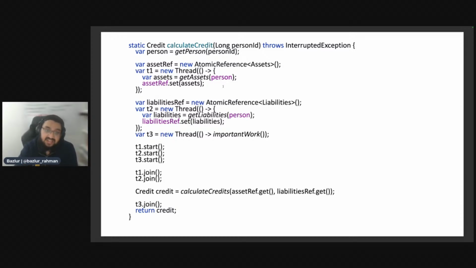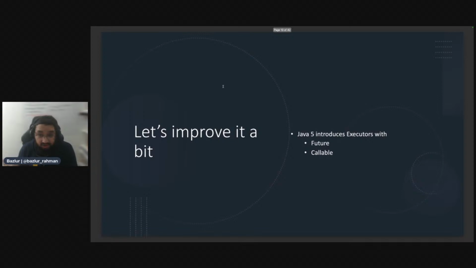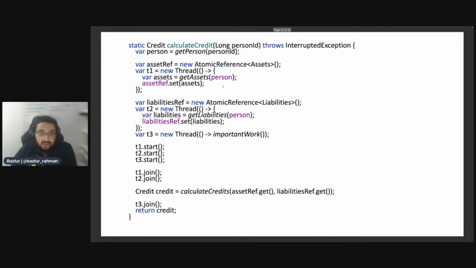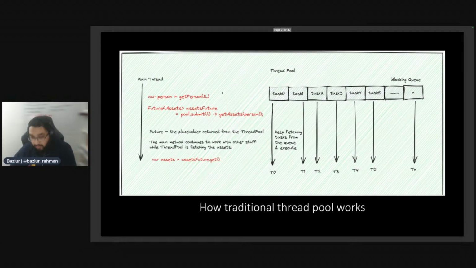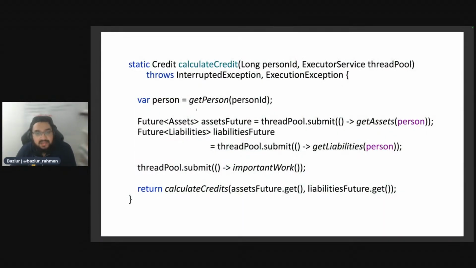This was a very classical one, but then in Java 5, we introduced executors, which have future and callable, and from this code we can get to this one, which is much better compared to the earlier one. And we can create a thread pool, right? So first we call get person, and then we submit the next works.